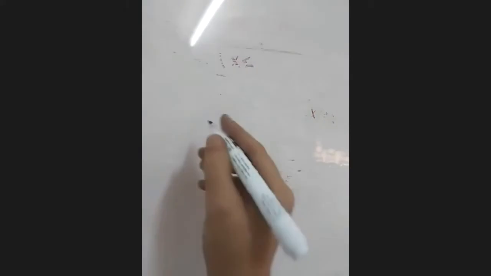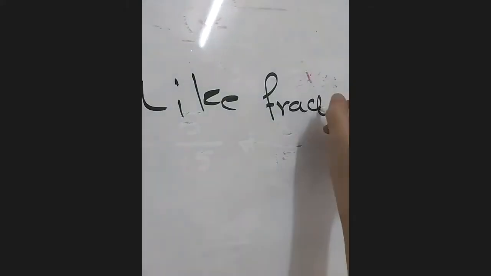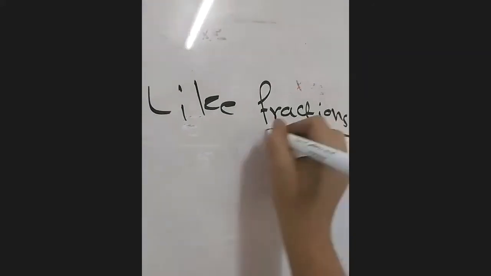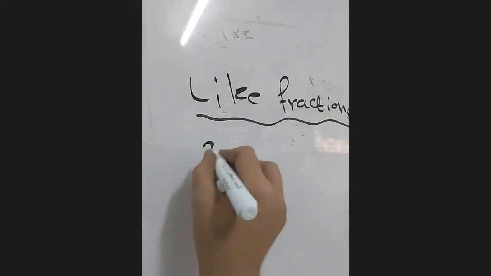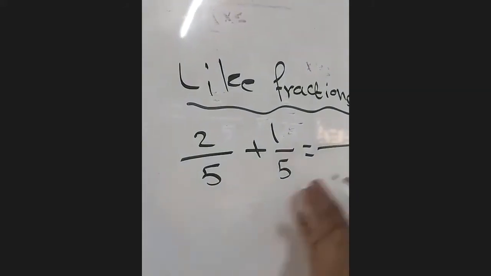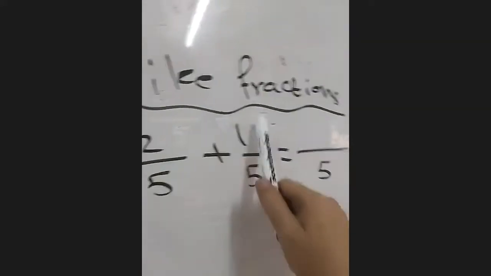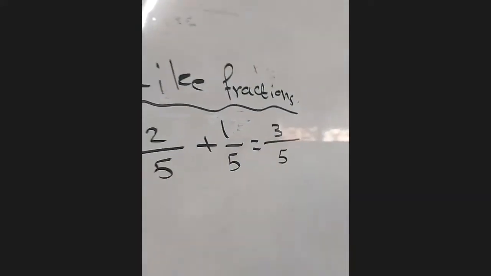Now, what did we do before, guys? We add and subtract like fractions. To add like fractions like 2/5 plus 1/5, we put 5, we don't add down, and up we add 2 plus 1, 3. Then we simplify our answer.